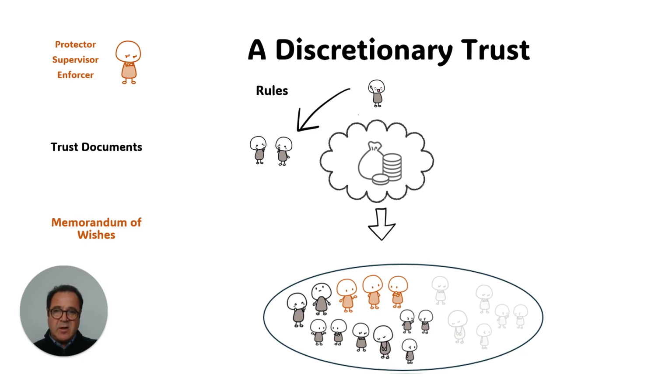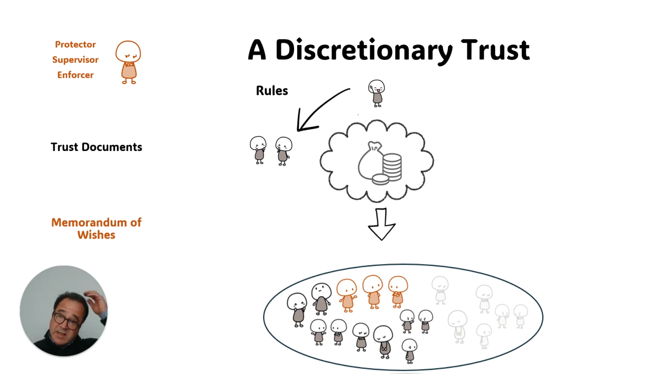When the founder is gone, then the protector or the supervisor enforcer becomes suddenly much more important, because it is the supervisor who is standing in the shoes of the founder, watching the trustees, and most importantly, making sure that the trustees give the $2 million to Doris when she's 25, unless there's a really good reason not to do that.